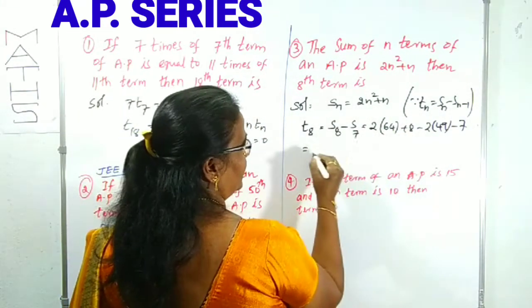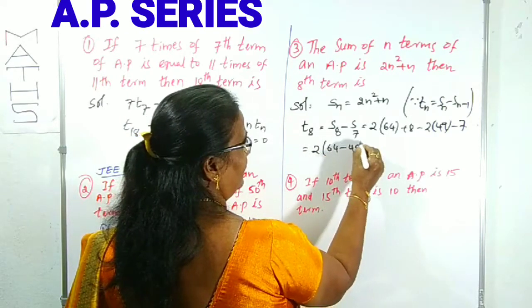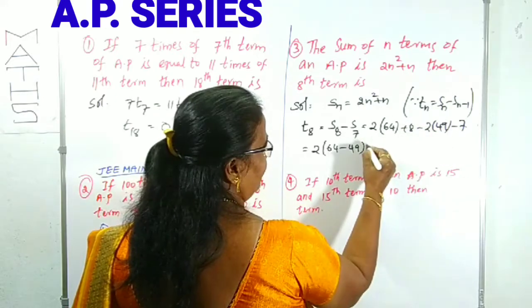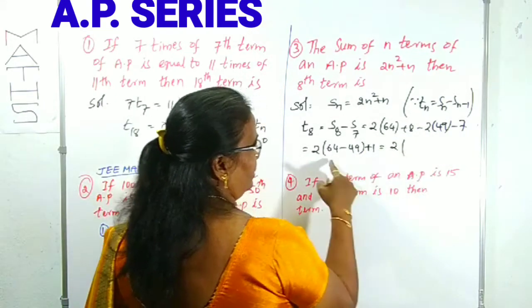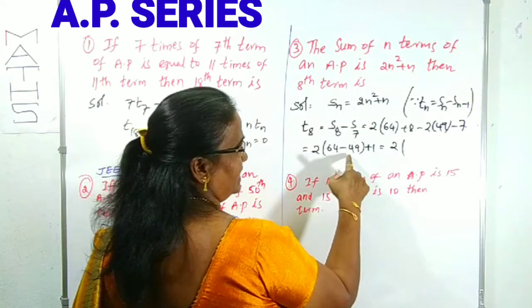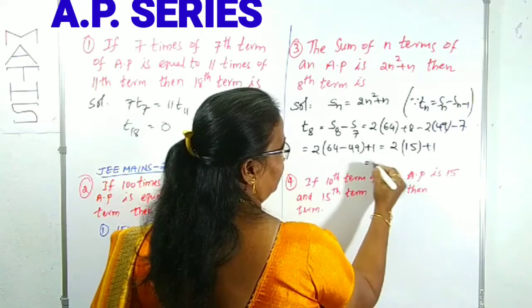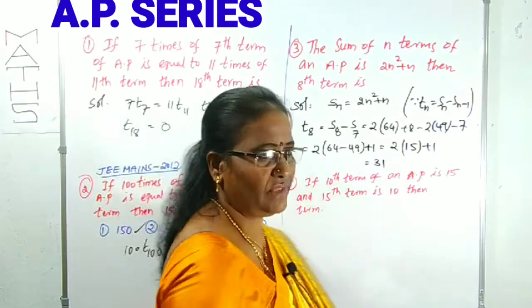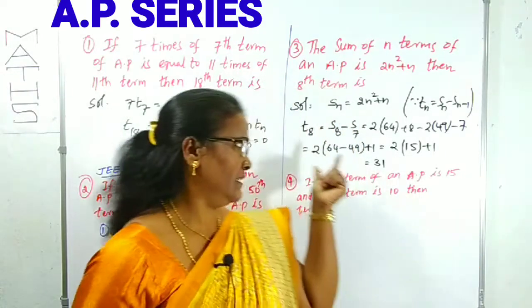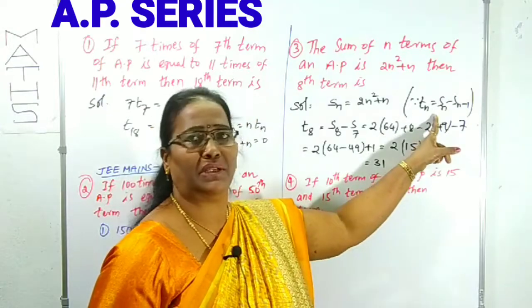Take 2 common: 64 minus 49, and 8 minus 7 is 1. Now 2 into 15 is 30, plus 1 is 31. Without multiplication, I have taken common and simplified easily. Just remember this step.